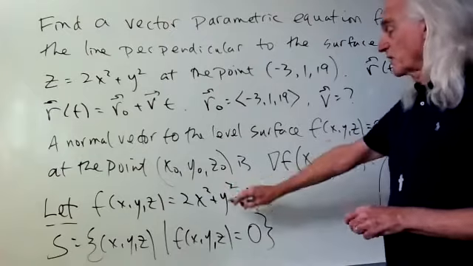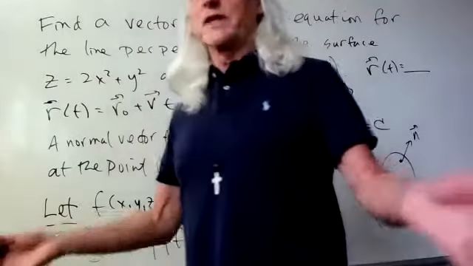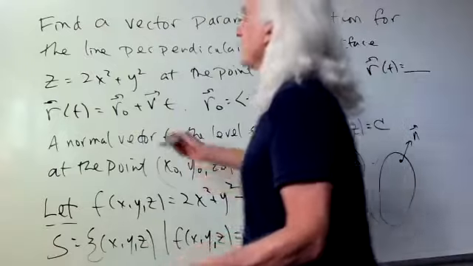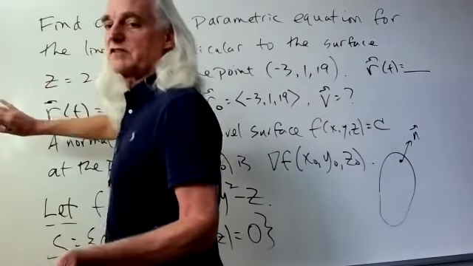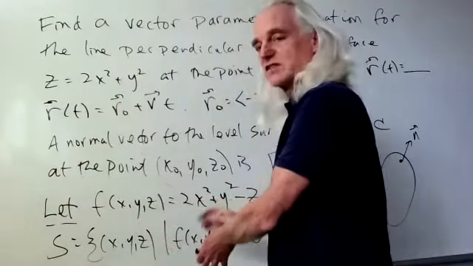So that's the important thing to realize, that this equation written that way is the level surface of a function. And if this had a z squared or a z cubed or something else where I didn't have it solved for z, I'd really have to do it this way.